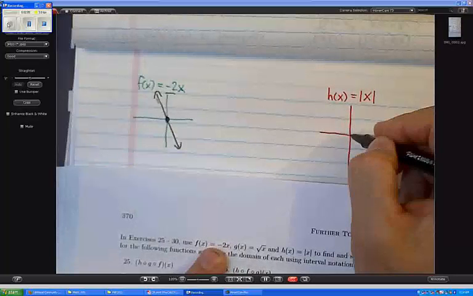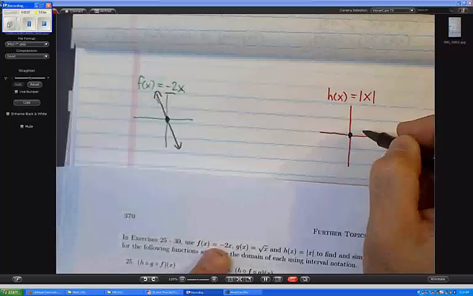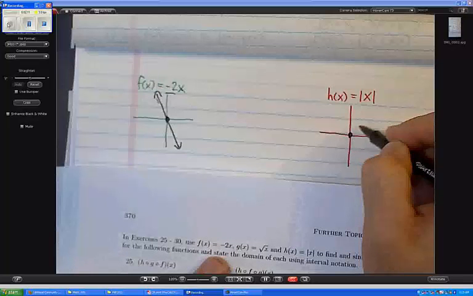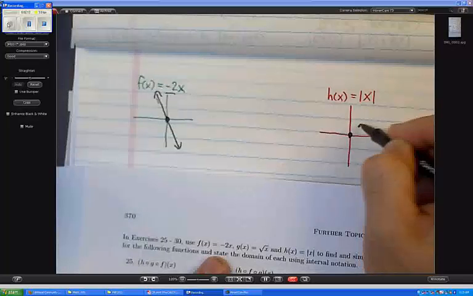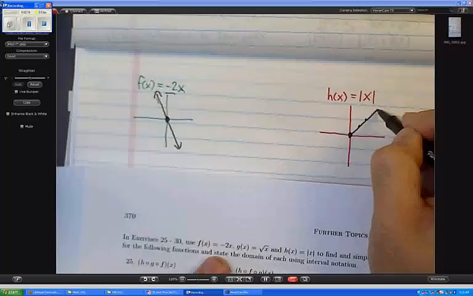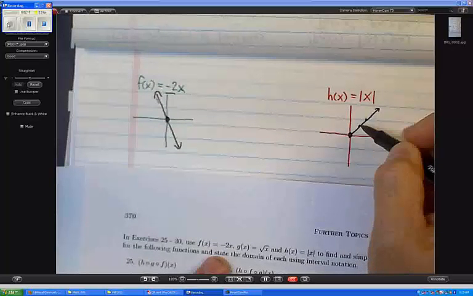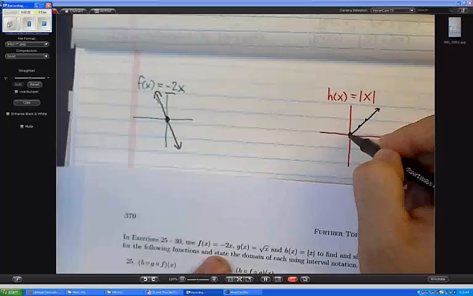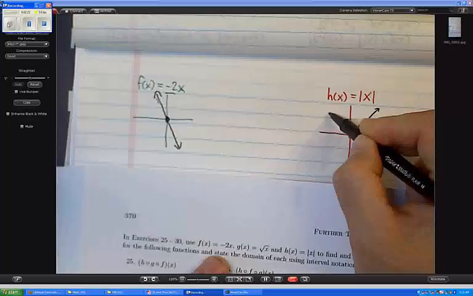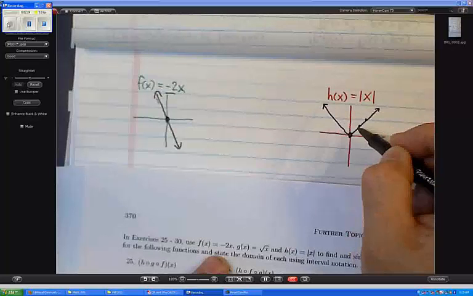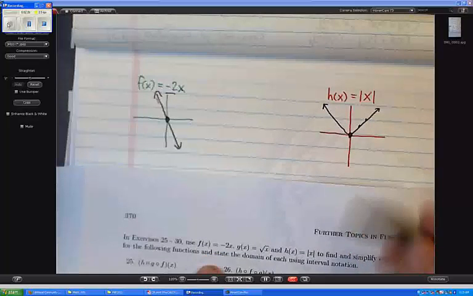When I go in this direction, it goes through 1, 1 and 2, 2, so it has a slope of 1 in this direction. It also has a slope of negative 1 in the other direction because the output is always positive. What does absolute value mean? Distance from 0. If I put in negative 2, that's 2 away from 0, so it has to be positive.